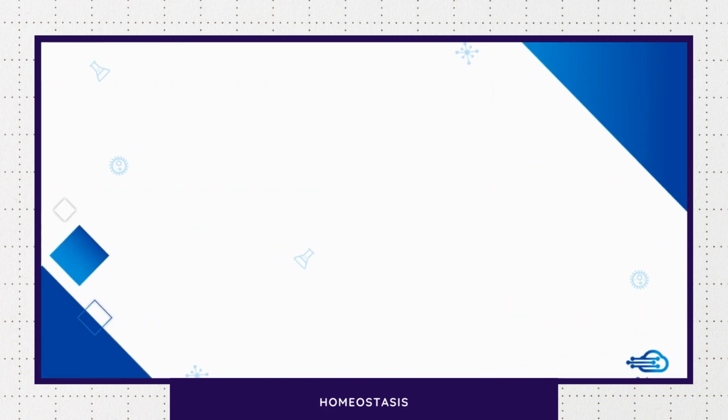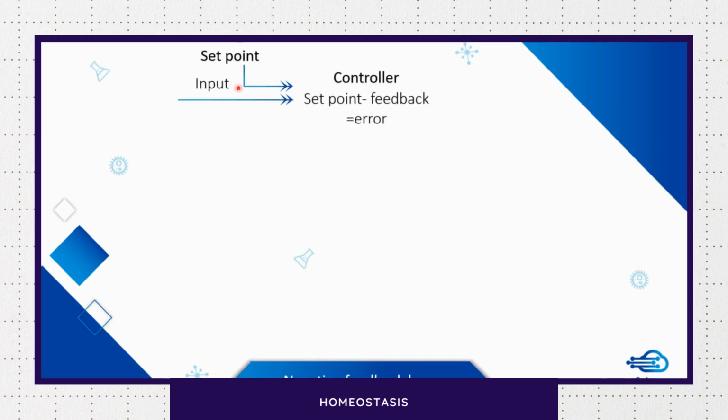So, before we proceed, let us see some properties of the negative feedback loop. So, we said that there is an input, and the input is fed into the controller, which then computes the difference between the set point or reference value and the input which it has received, and it generates an error signal.